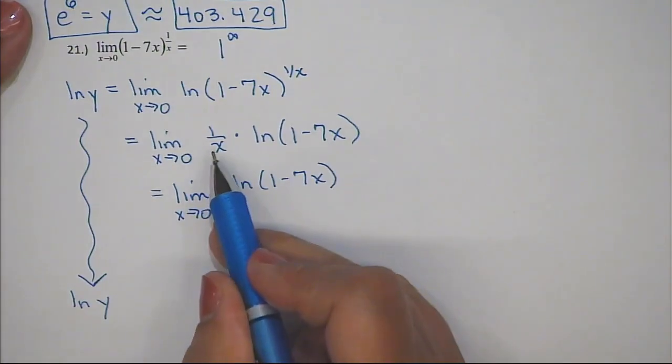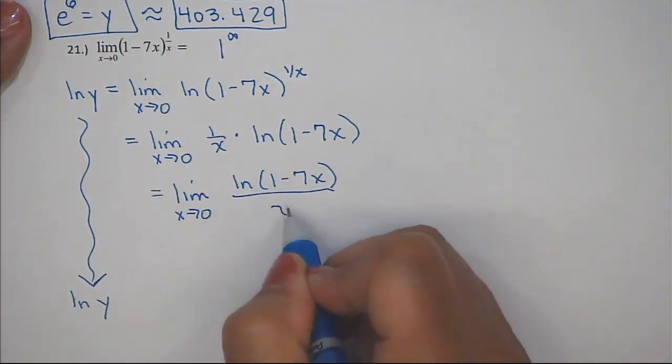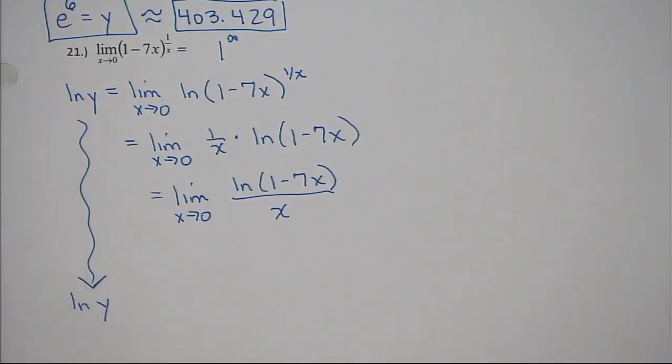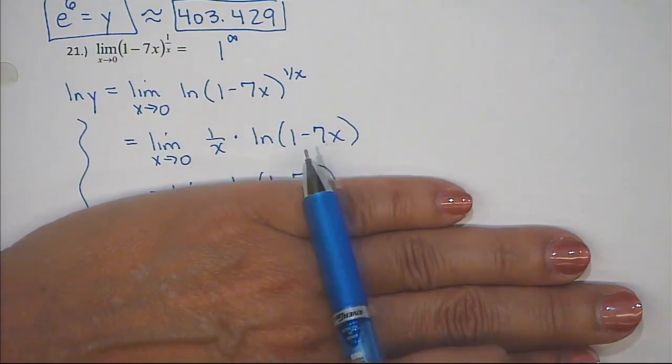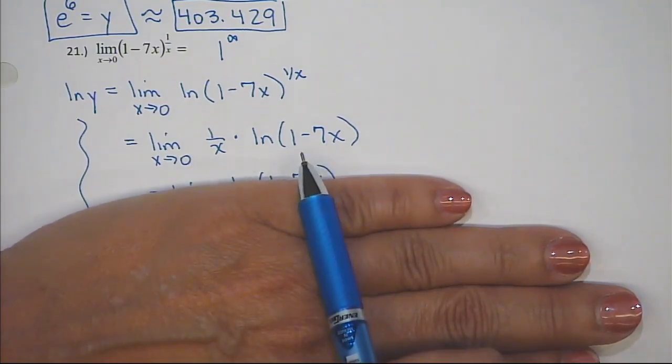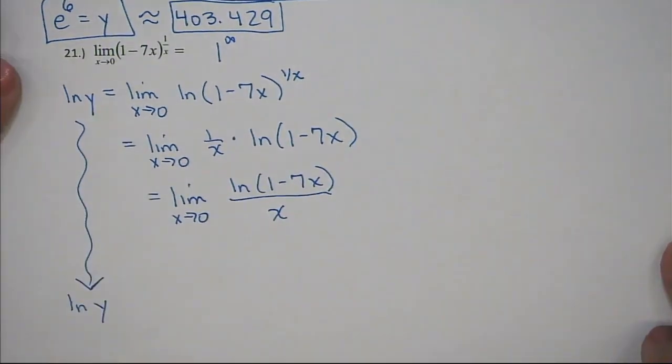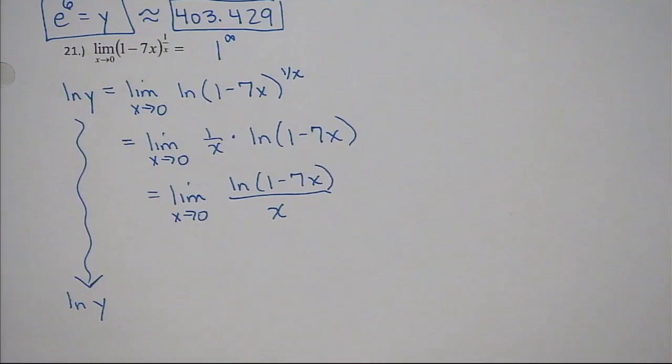And 1 over x is just x, so when you put that in the bottom, it becomes x. It's actually already in the bottom. Think about it: if I just asked you to simplify this, wouldn't you write natural log of 1 minus 7x over x? So it already is a fraction. I'm just rewriting it. Okay, so now we're ready to do L'Hopital.